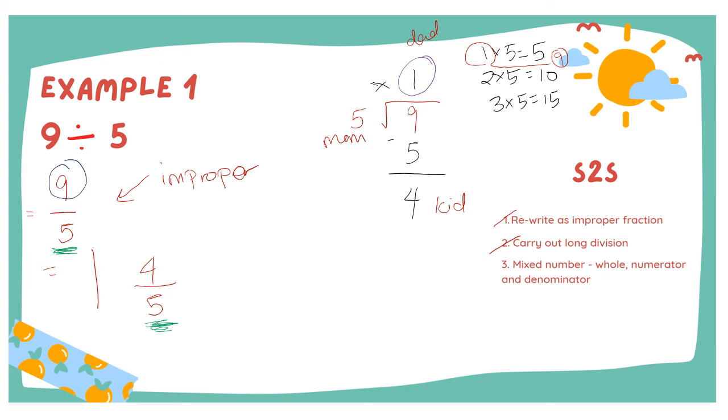So for example, if your answer is jumbled up, for example, you have written down 1, 5 out of 4, in order for you to know if your answer is correct or wrong, you can check if your denominators are the same with the question or not. Okay, you need to check your improper fraction and your mixed number. If the denominators are not the same, then you know that is definitely wrong.